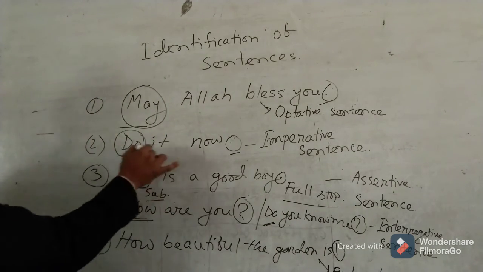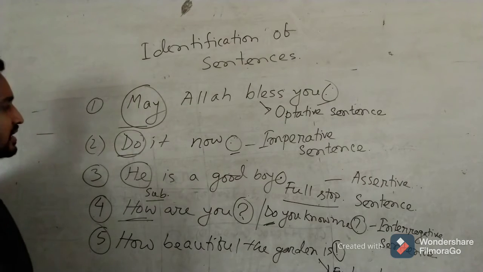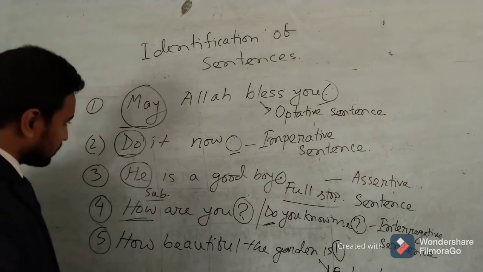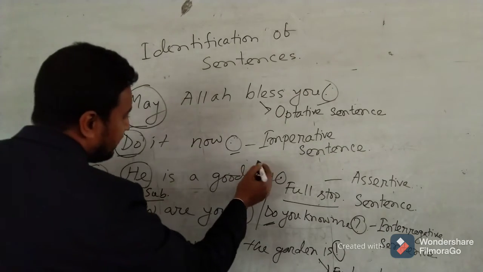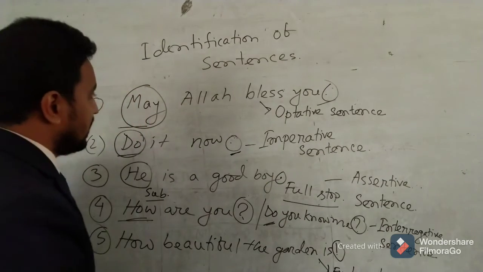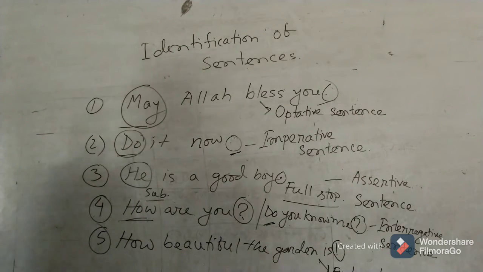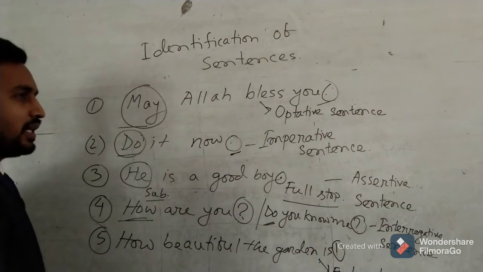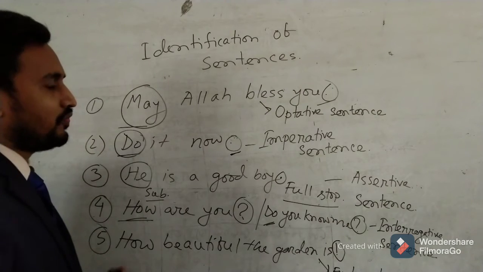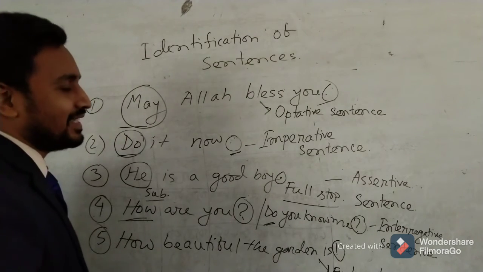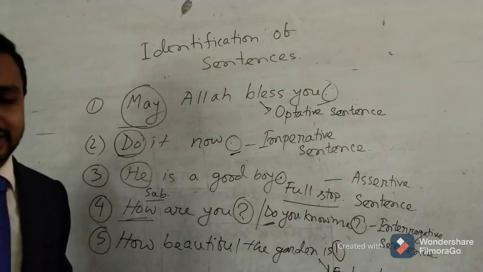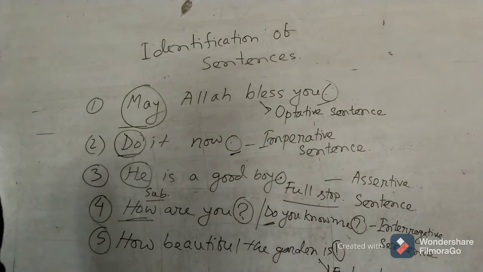Then imperative sentence will start with a verb and end with a full stop. And optative sentence, sometimes you may be confused seeing a may at the beginning, and you will discover that it is not an example of imperative sentence.